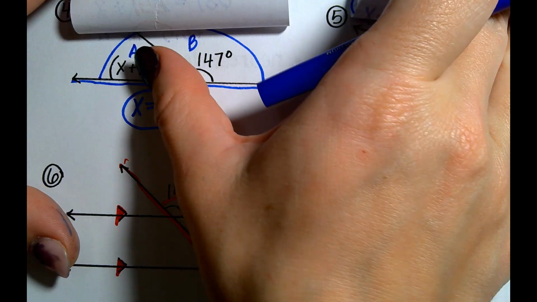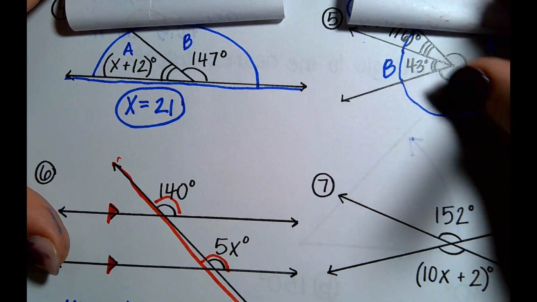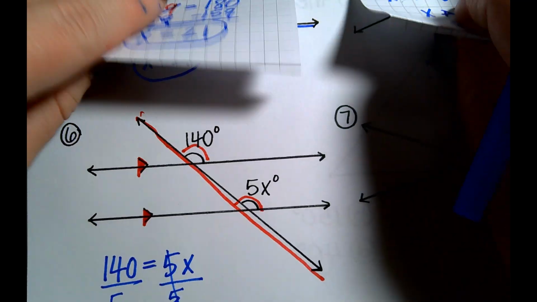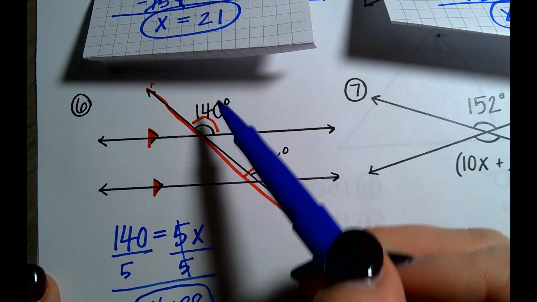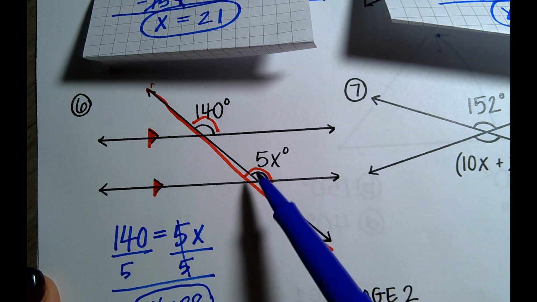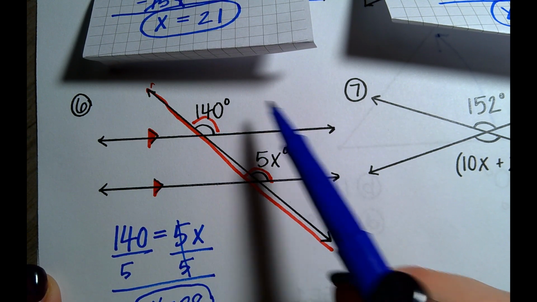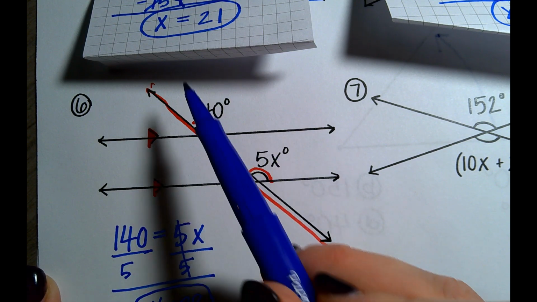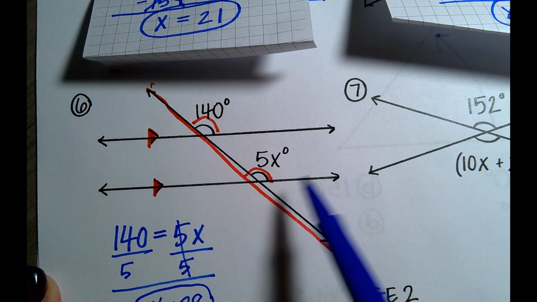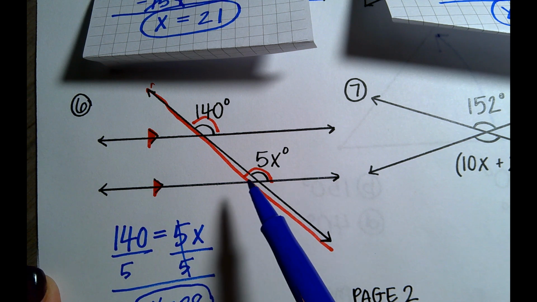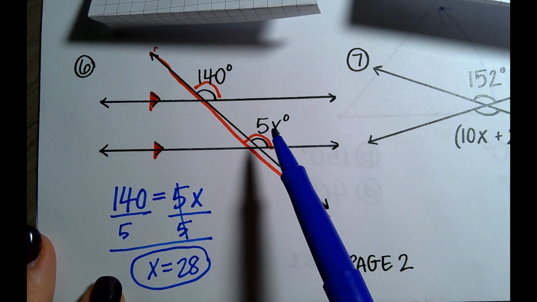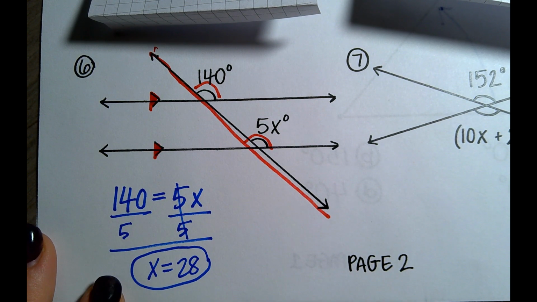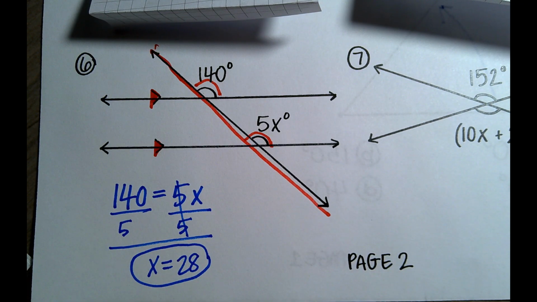Like that one had 2, that one had 1, this one had 3, 2, 1. I'm adding them up and setting them equal to something. These angles are equal to each other. So to solve for x, I know that this angle is 140 degrees. I know this angle is also 140 degrees. So 5x equals 140 degrees. And we'll use that to solve for x. That cleared up? Cool.